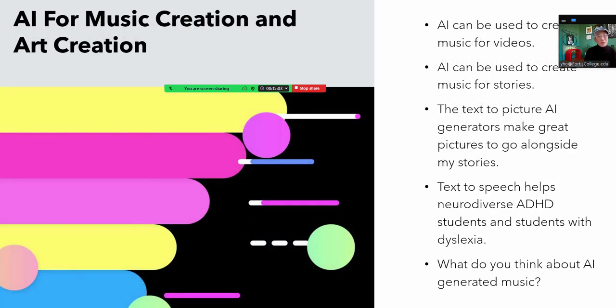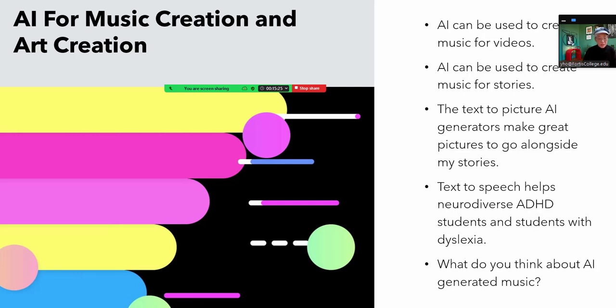AI can be used to create music for videos. I talk about that in my book, okay? I talk about how I used AI for the music tracks in some of the videos that you see on the Professor H Writing channel. AI also can be used for art creation.